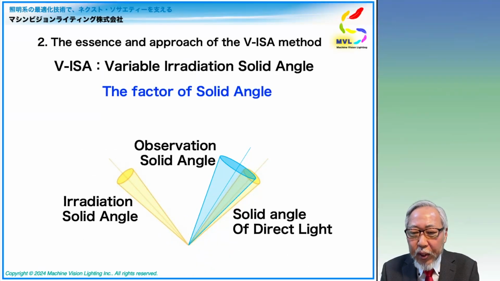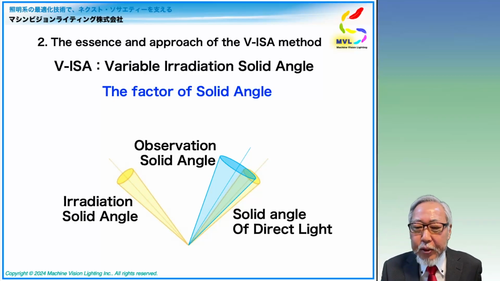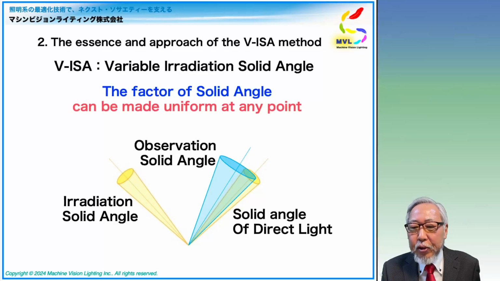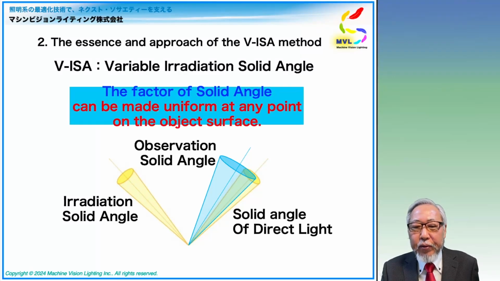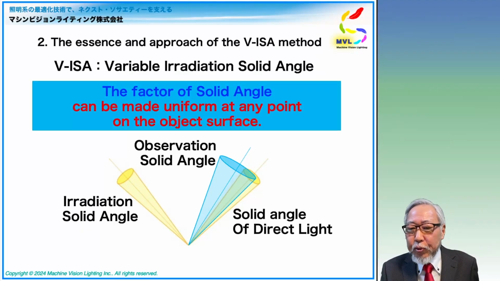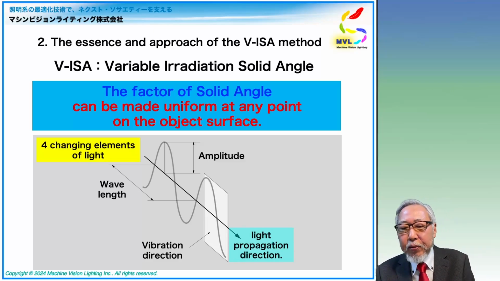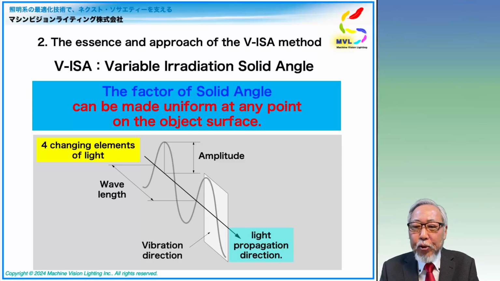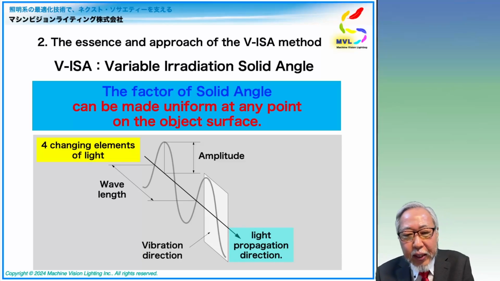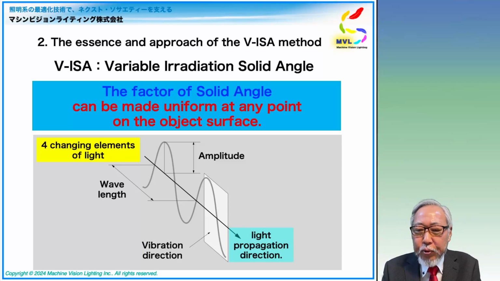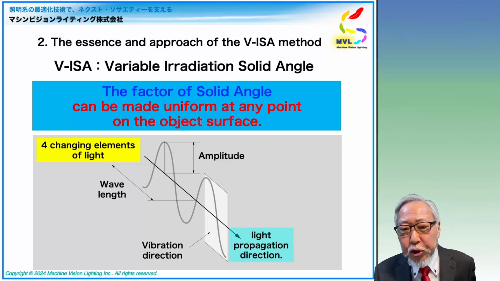And with the Visa method, this factor of solid angle can be made uniform at any point on the object surface. It is now possible to quantitatively capture the change in propagation direction, which is one of the four change elements of light. This was not possible until now. Therefore, with conventional lighting, it was not possible to obtain quantitative images.